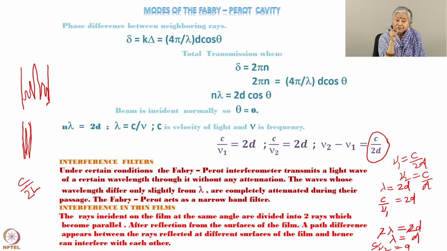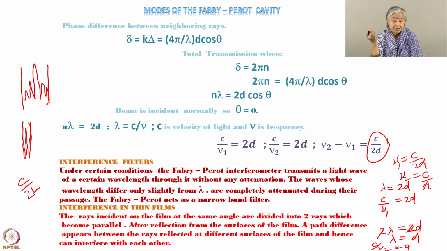One mode means only one frequency. One frequency means only one wavelength. So with the use of a Fabry-Perot, I can specifically tune the laser or anything.